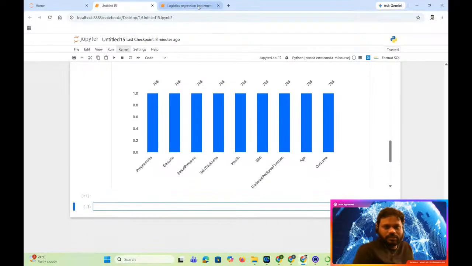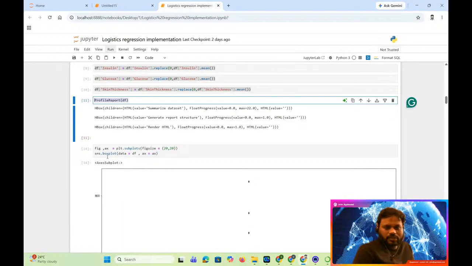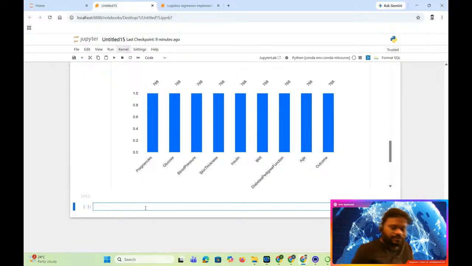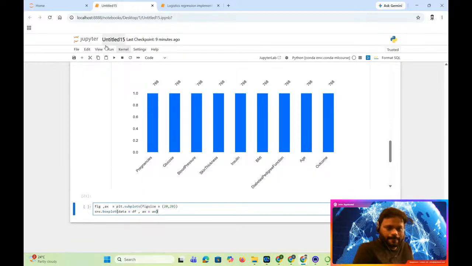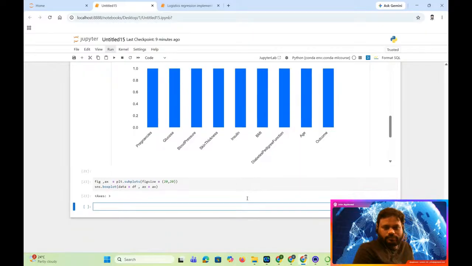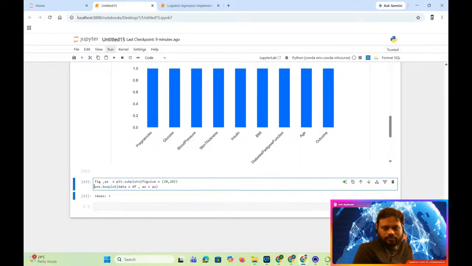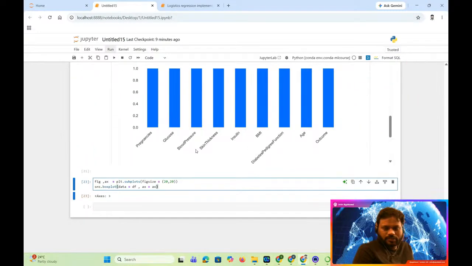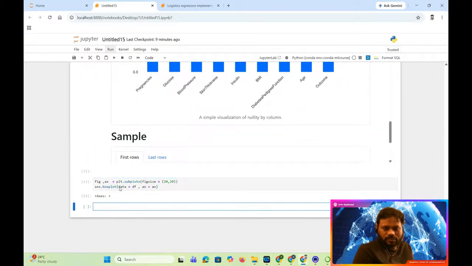Okay, now what will you do? I'm just going to plot a box plot between the different disease and this. Just give me 1 minute. Access the plot. This will be showing here. Okay.